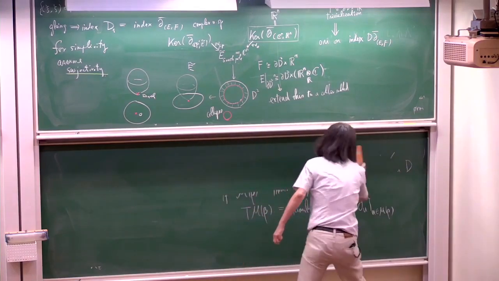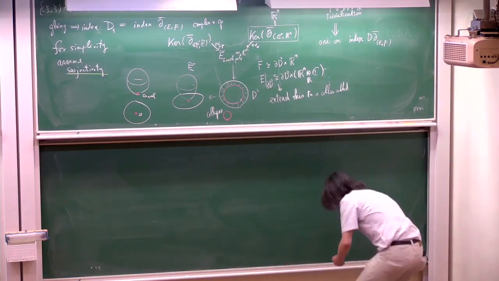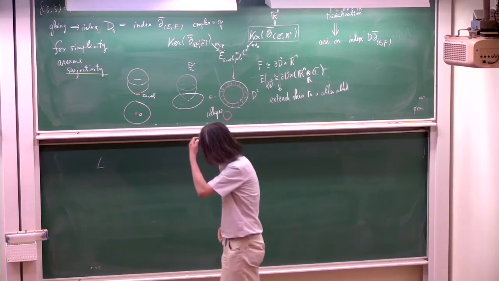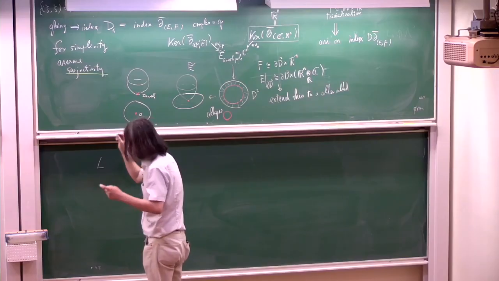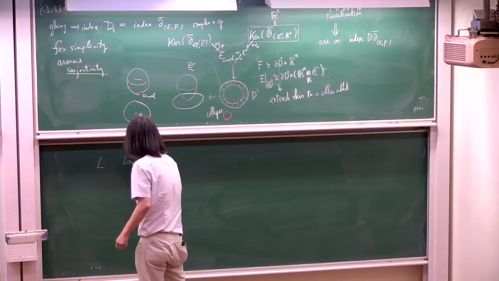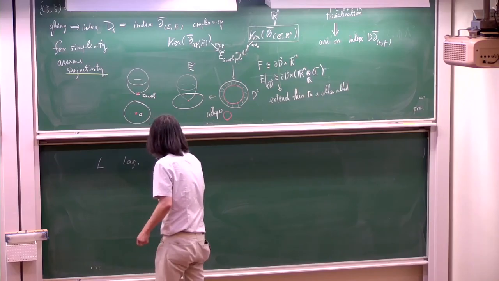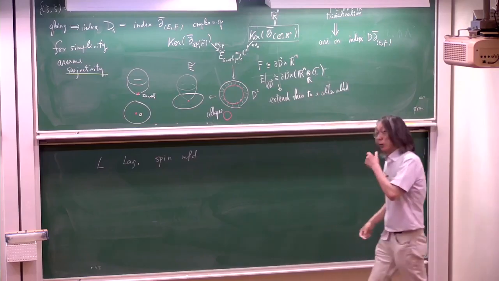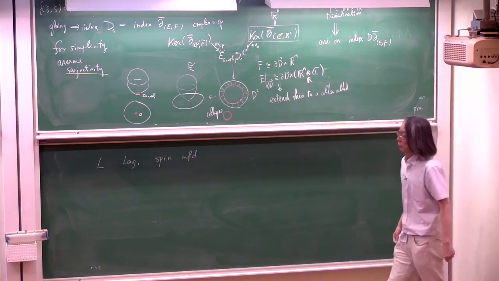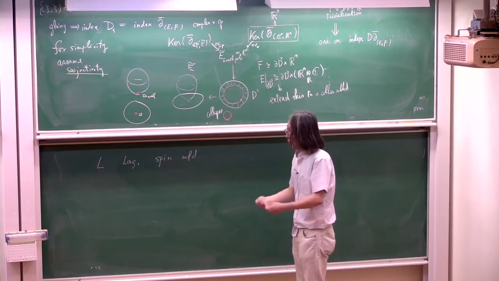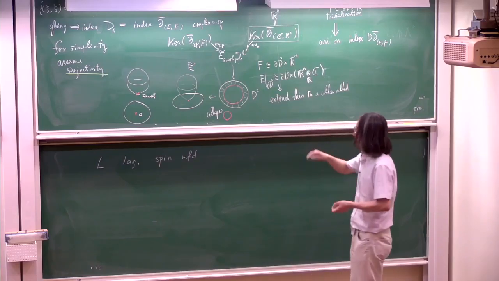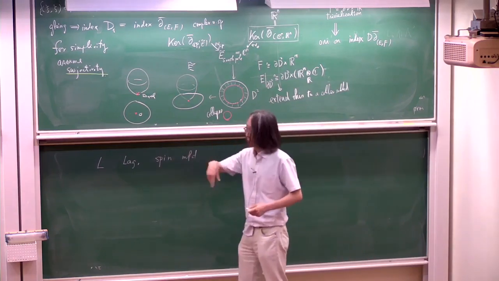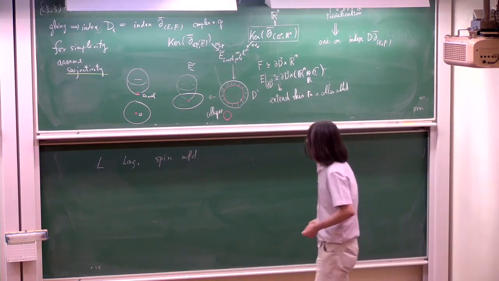So I just want to finish with one word. Maybe you heard of the following condition. Let L be not just Lagrangian, but also a spin manifold. Spin manifold means that the structure group is lifted to the spin group, and a spin structure is a choice of such a lifting.